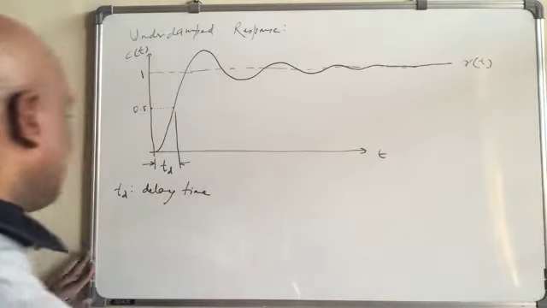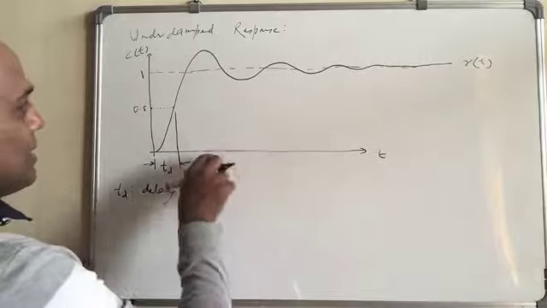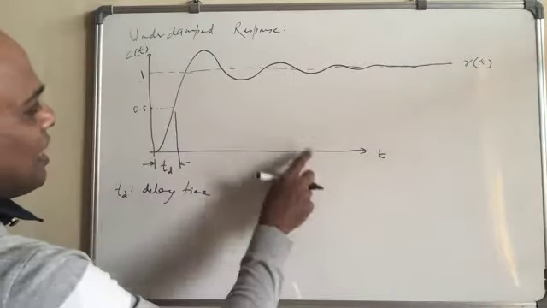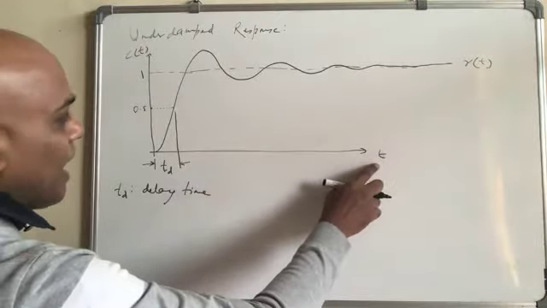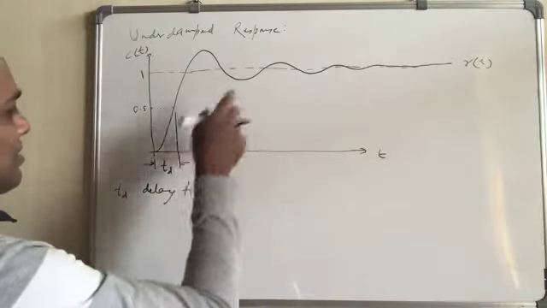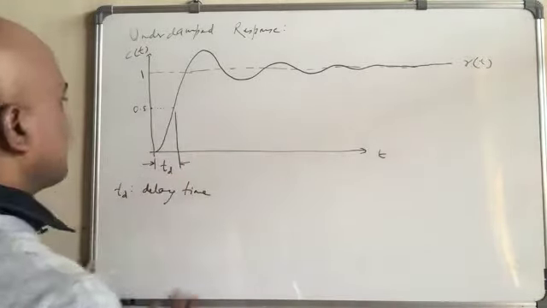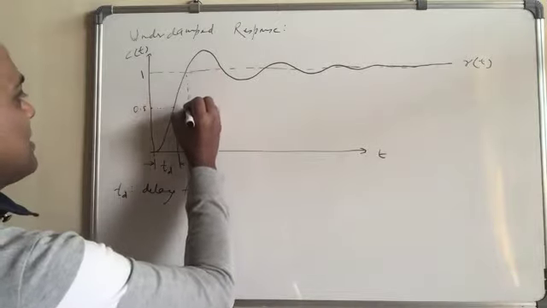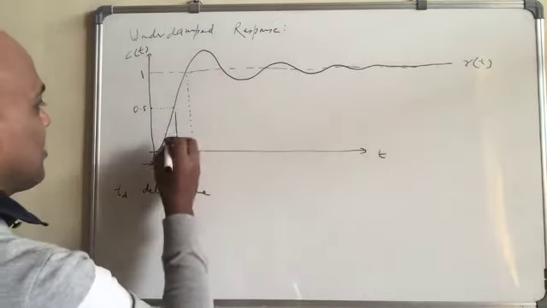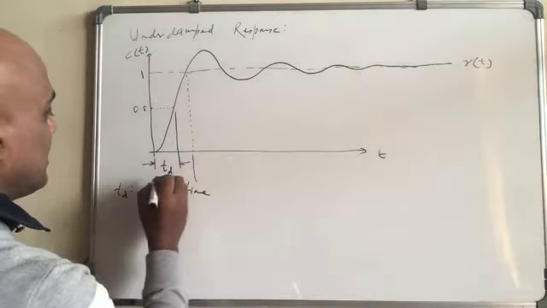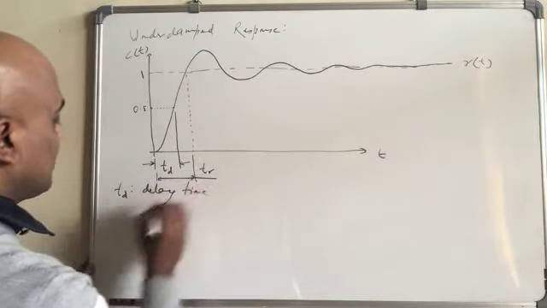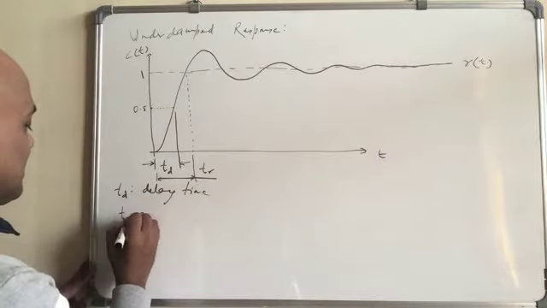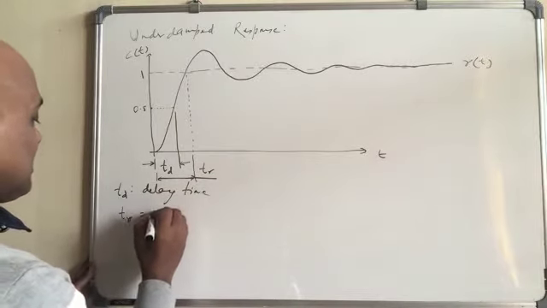All those are known, so you put C(t) equal to 1 and find the time that satisfies that equation, and hence you find this delay time. Okay, this is called rise time. From here to here is t_r, right? Again, same thing you can do. So this is the rise time.